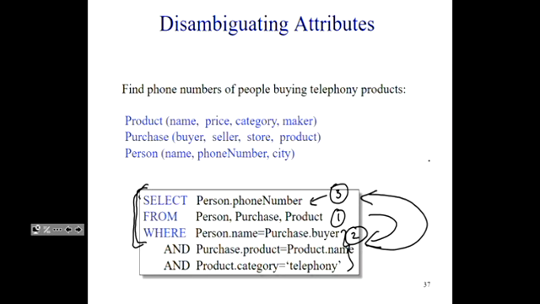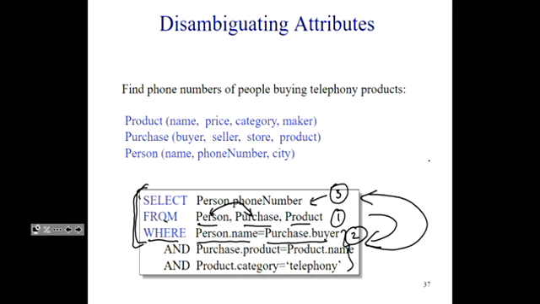We talked about this particular example where I start by taking all of these three relations, listing them in the from clause. Then I have a where clause where I connect person.name to purchase.buyer, essentially doing an equijoin between person and purchase.